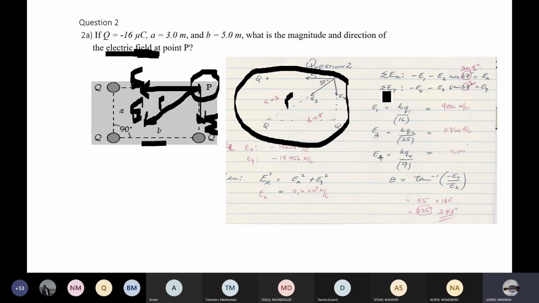So now when you do that, you simply have to find all the electric fields that are acting in the x-axis, and then all the electric fields that are acting in the y-axis. But still on that, I want to extract this small triangle that you are seeing here. So if we extract this, we have something like this.